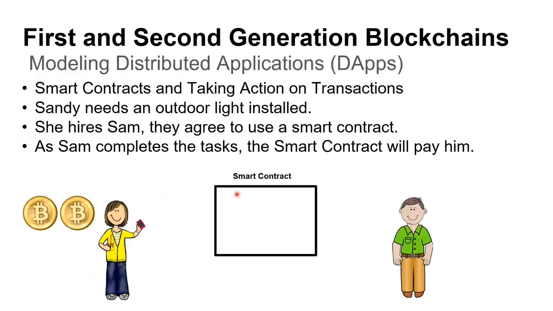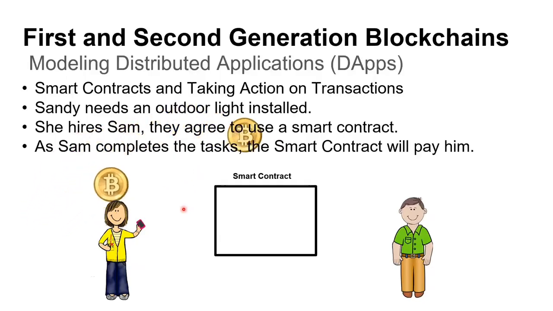Again, here is another example of a distributed application with a smart contract. In this case, this again is the escrow model. So here, Sandy needs an outdoor light installed. She hires Sam and they agree to use a smart contract. Sam completes the tasks, then the smart contract will pay him.